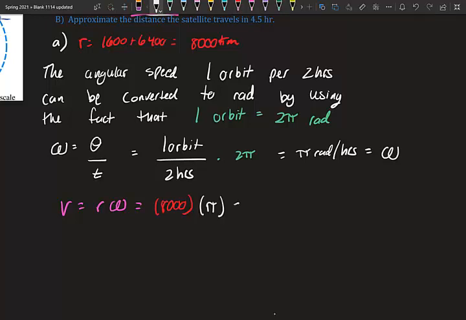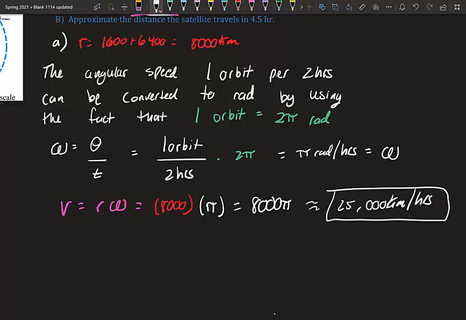So that simplifies to 8,000 pi, which is about 25,000 kilometers per hour. That's our linear speed.